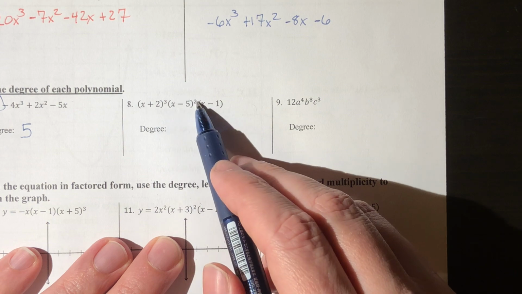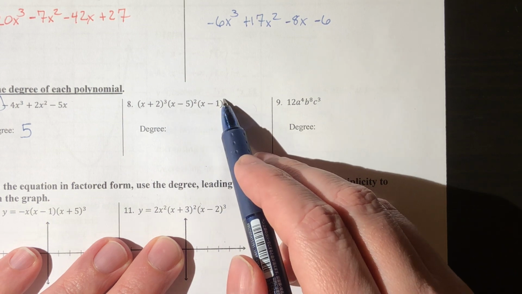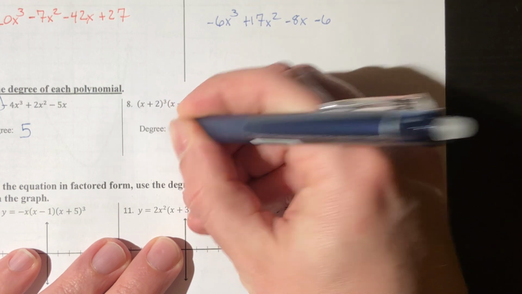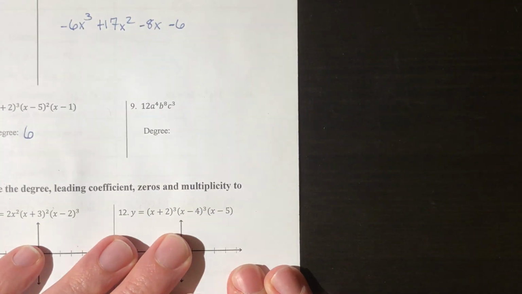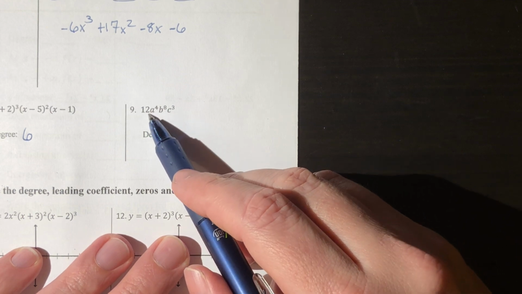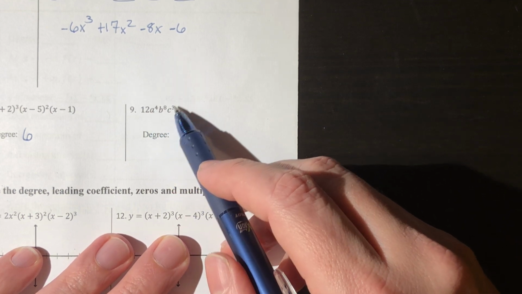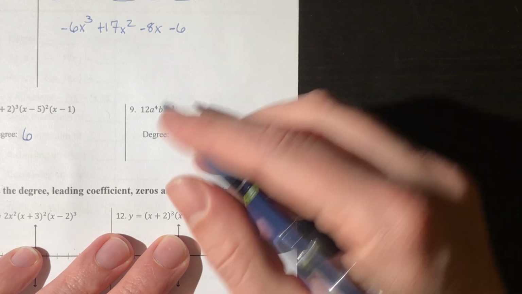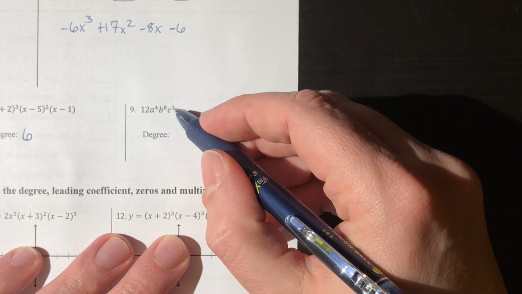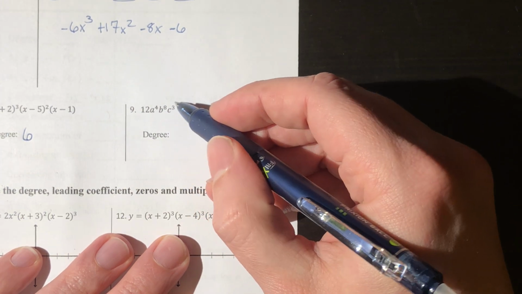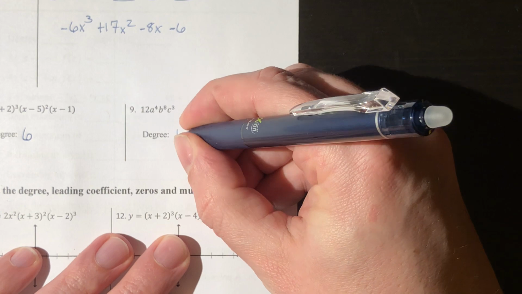So 3 plus 2 plus 1, even though it's not written there, is 6. When you have multiple variables, all in a single term, because there's no addition or subtraction here, you also add those exponents together. So 4 plus 8 is 12, plus 3 is 15.